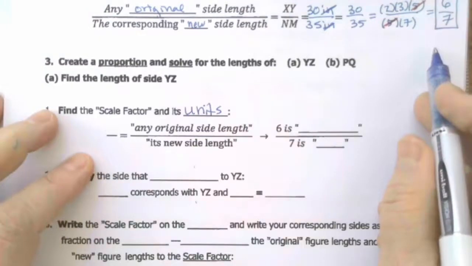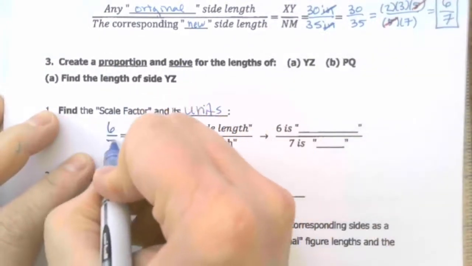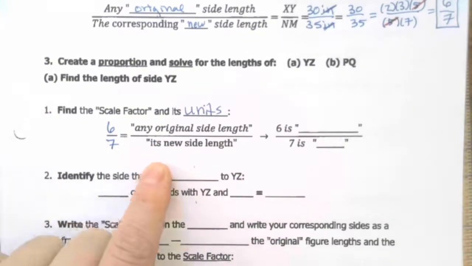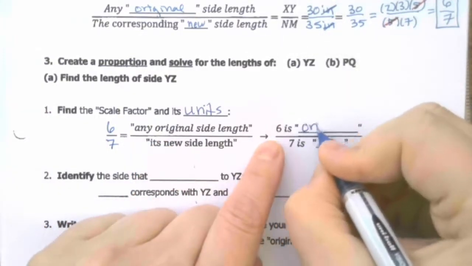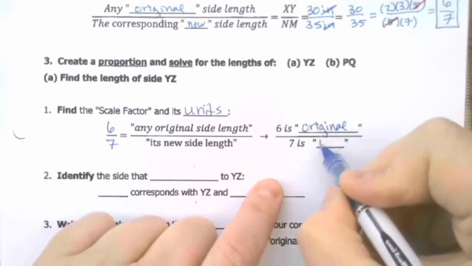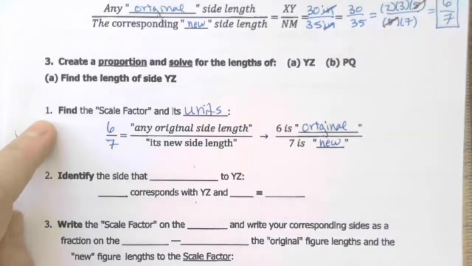So we already have the scale factor, 6 over 7. That's original over new. 6 on the top is the original value. 7 is the new one. So first thing you need to do to find the missing sides of the figures is to find the scale factor. We have it.